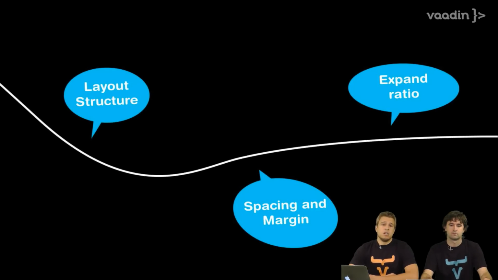We'll talk generally about the layout structure, what you can do with Vaadin layouts, how you should be using these layouts, what kind of mechanisms there are to compose your structures. Then we'll talk about the most commonly used mechanisms like spacing and margin, as well as the expand ratios, which are the fundamental part of Vaadin vertical and horizontal layouting.